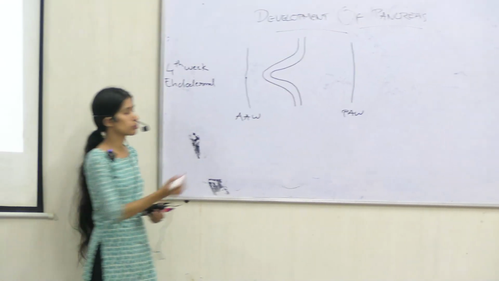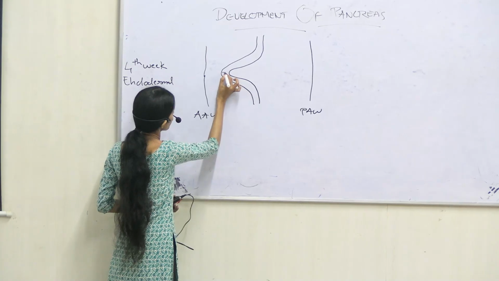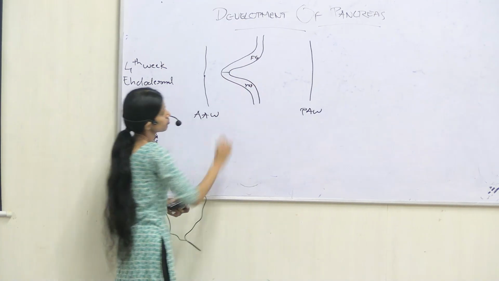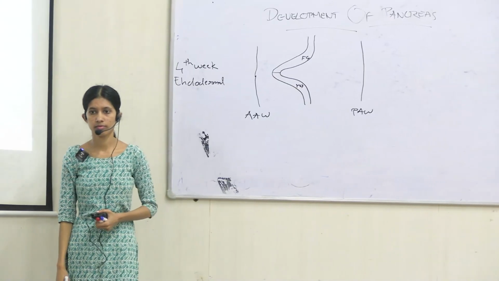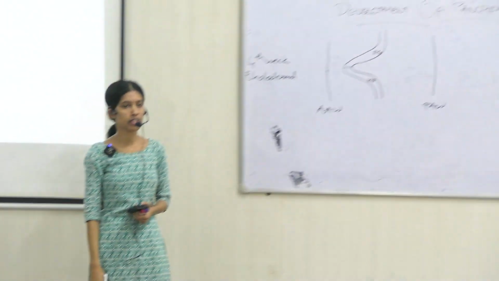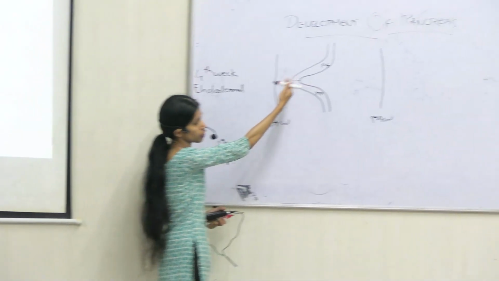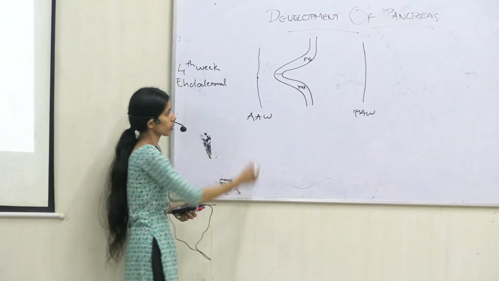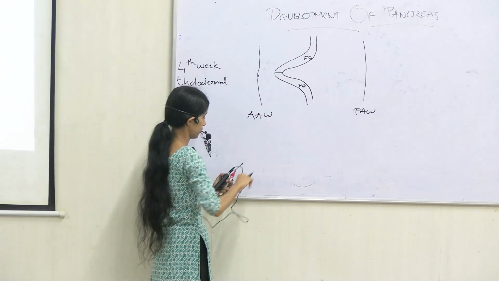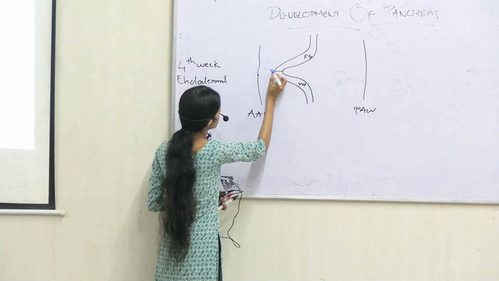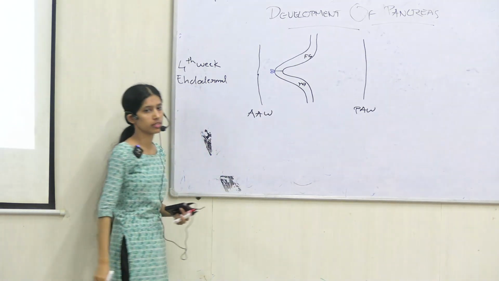And this part is the junction of your foregut and midgut. So first we can see the appearance of a bud at the junction of foregut and midgut, at this point.